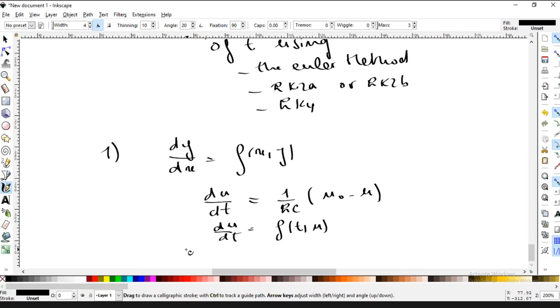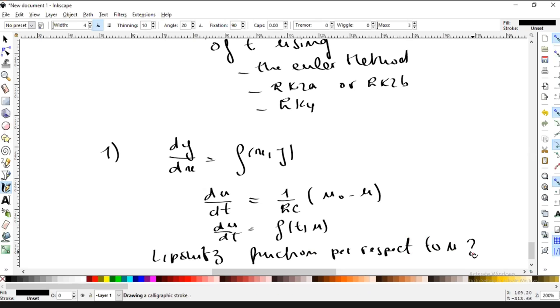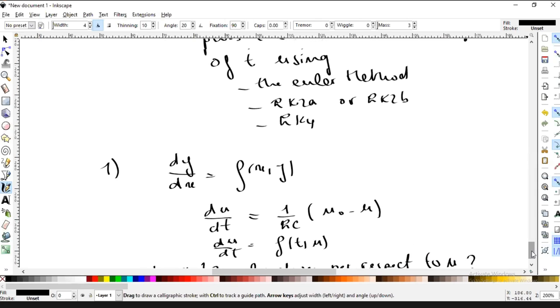Now, if you want to see if it admits a unique solution, it must be a Lipschitz function with respect to the second variable, that is, with respect to u. Is it a Lipschitz function with respect to u? This is what we must study.